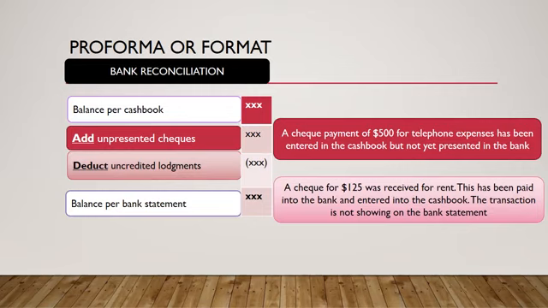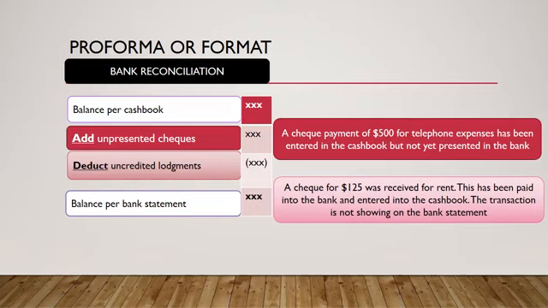So next we add unpresented checks. Unpresented checks, like I explained, you pay a supplier with a check. The supplier should submit the check to the bank. But then what happens is the supplier does not submit it to the bank, maybe because the supplier falls sick or something happens on the way.